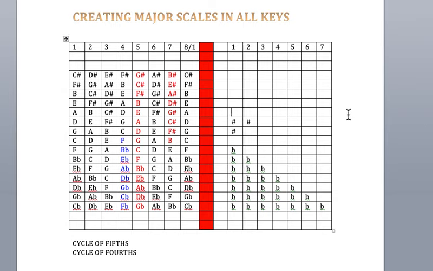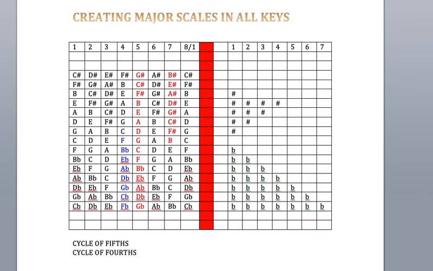A major has three sharps. E major has four sharps. We're now dealing with sharps.